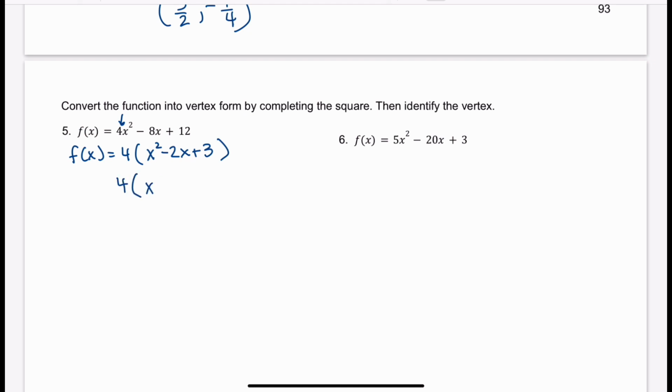We have x squared minus 2x plus a blank to complete the square, and then I just move over my plus 3. I'm going to take this middle number and cut it in half, (x - 1) squared, and if I take -1 times -1, that gives me a positive 1 here.